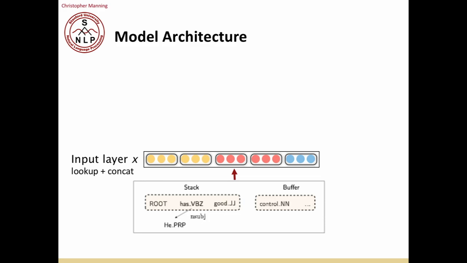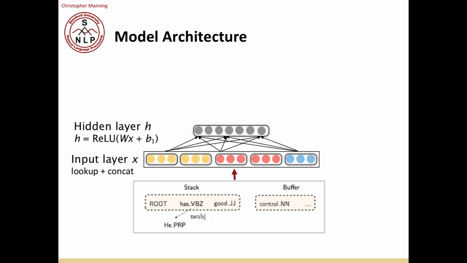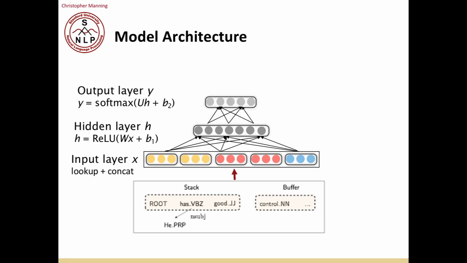So that gives us our input layer. From there, we put things through a hidden layer, just like last week. We do Wx plus b and then put it through a ReLU nonlinearity to a hidden layer. And then on top of that, we're simply going to stick a softmax output layer.